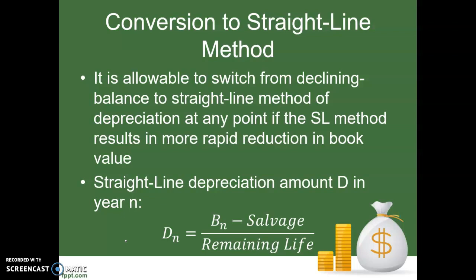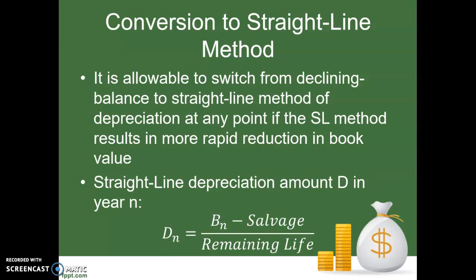So, for instance, you may start off depreciating your asset using the declining balance method, and at some point you might decide, you know what, I think I'm going to switch it up to the straight line method, and that's acceptable, that's okay. And so the way you would do that is to find what that depreciation amount is.